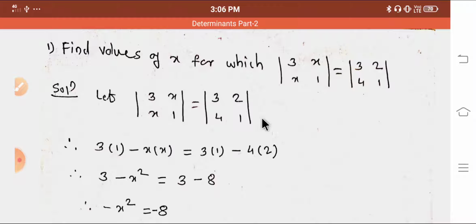Find the value of x for which the determinant |3 x; x 1| equals the determinant |3 2; 4 1|, meaning the two determinants are equal, and we have to find the value of x.